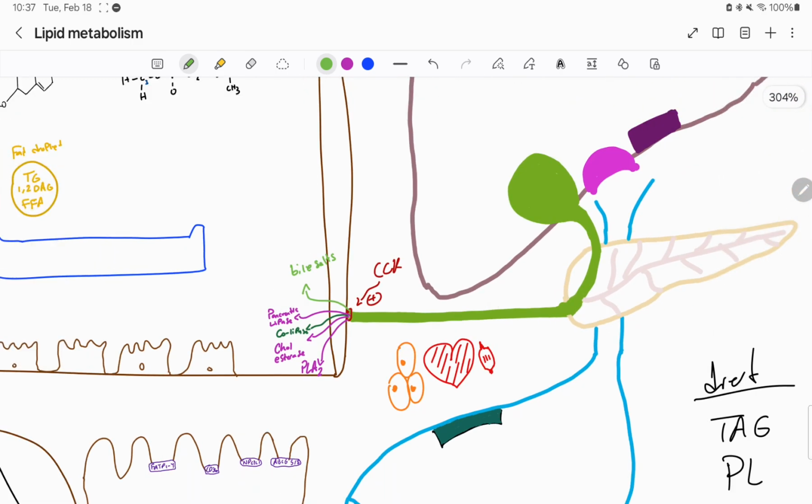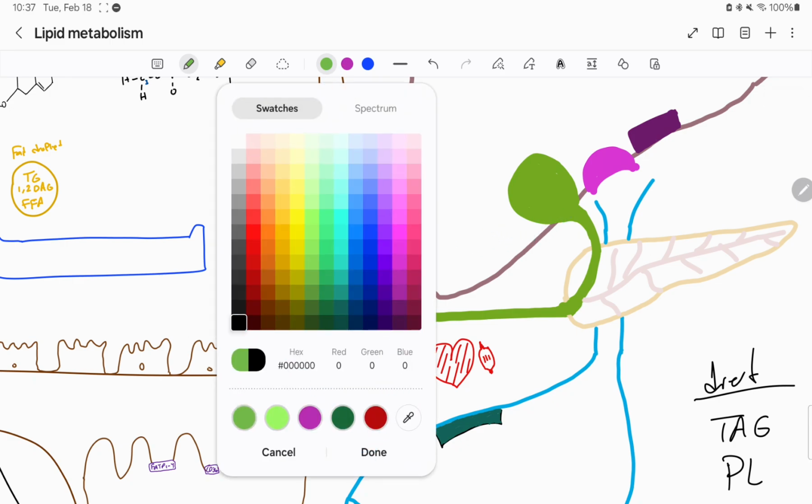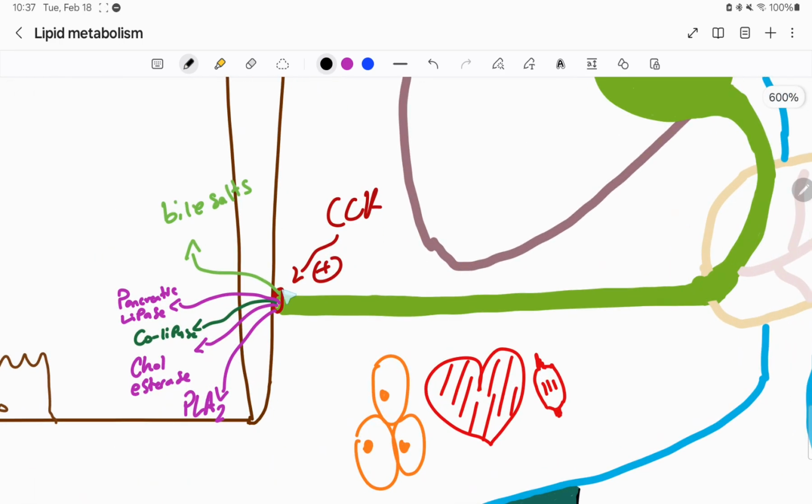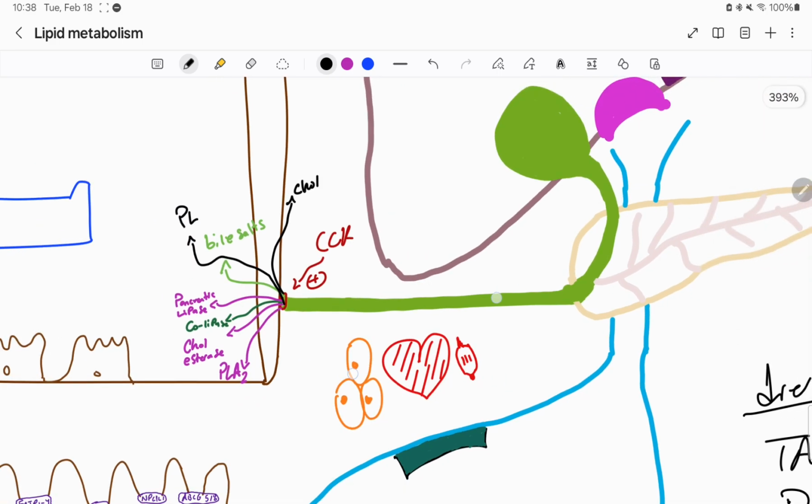Now, you know that bile salts are not everything that was in the bile. The bile also had free cholesterol and phospholipids, so PL for phospholipids.